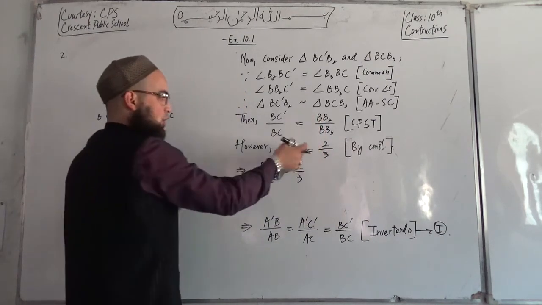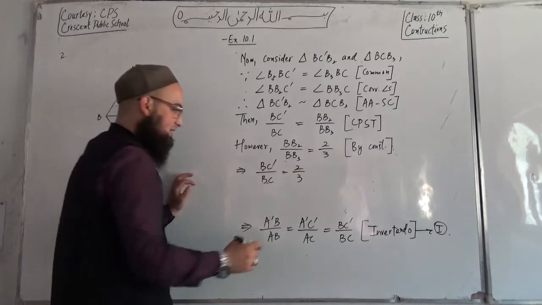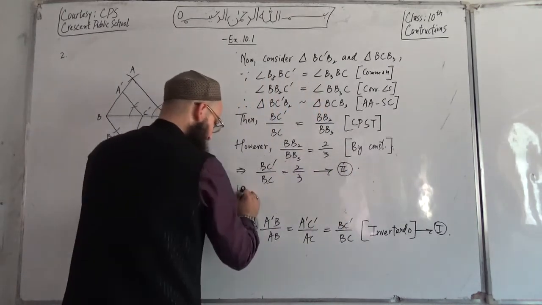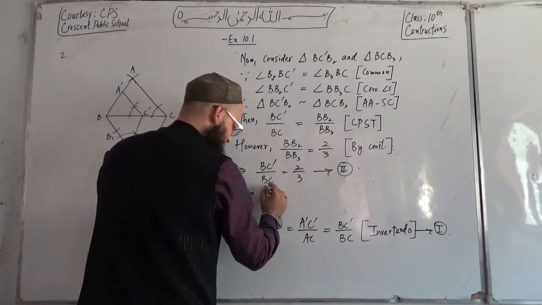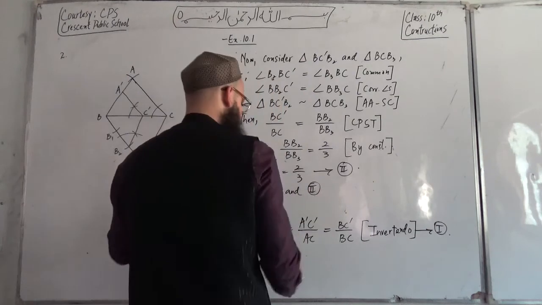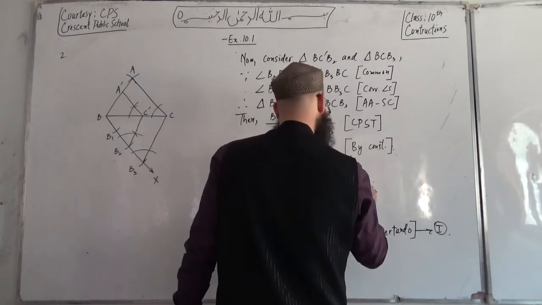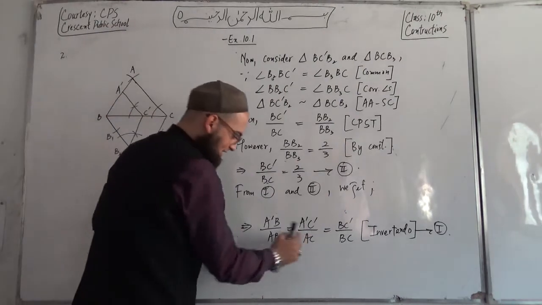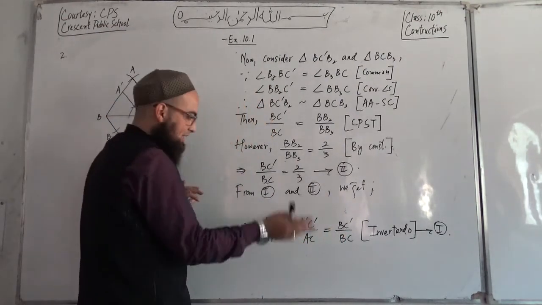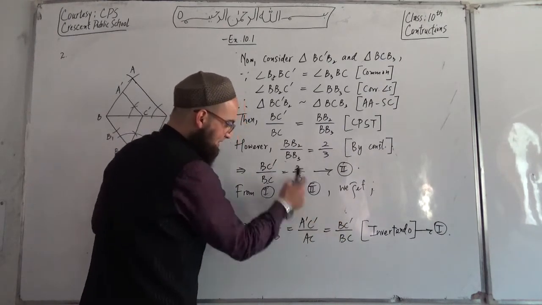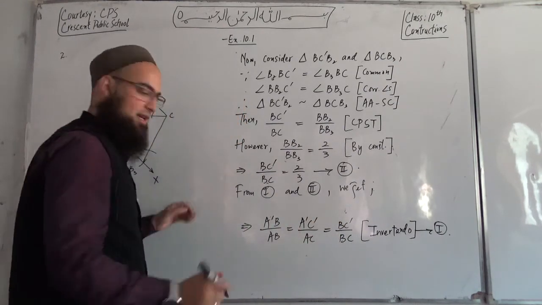Then name this as second. Now from first and second, first says this is equal to this is equal to this. Second says BC dash by BC is equal to 2 by 3. So all of these are equal to 2 by 3.